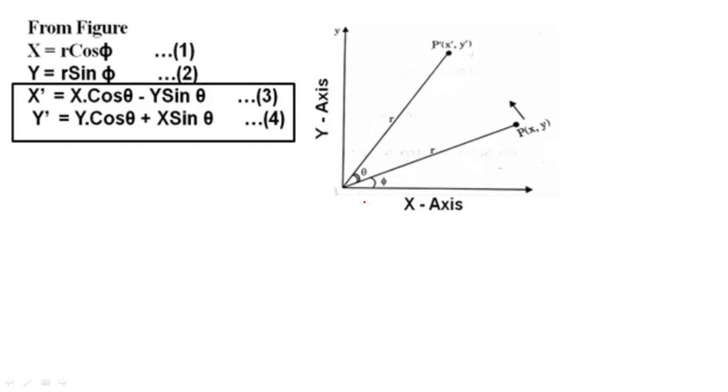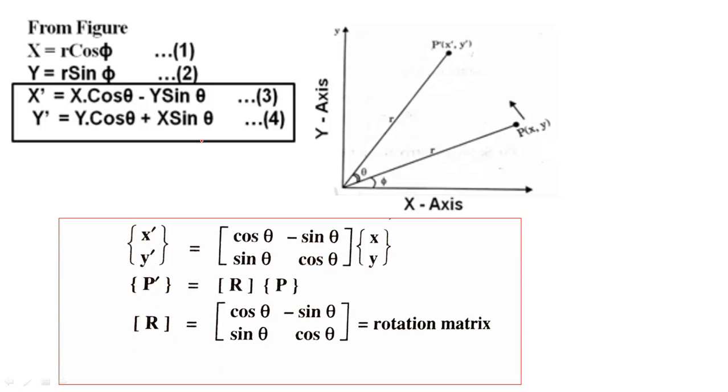From this figure we already learned equations 1, 2, 3, 4, and in matrix form we have written x dash y dash is equal to cos theta minus sin theta, sin theta cos theta into x y, where P dash is equal to R into P, where R is the rotational matrix. This is your rotational matrix. In this way we have completed the rotation transformation.